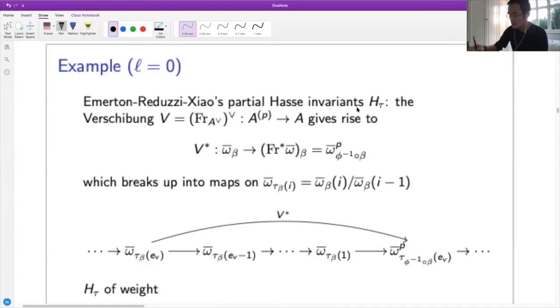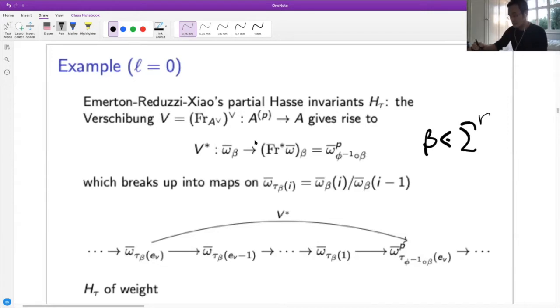This would give rise to the pullback by Verschiebung, which if you restrict to the beta piece, the unramified piece, where beta is the unramified part of the embedding, will give me the map from omega bar_beta to omega bar_{p to the p of sigma}, or phi inverse of beta.